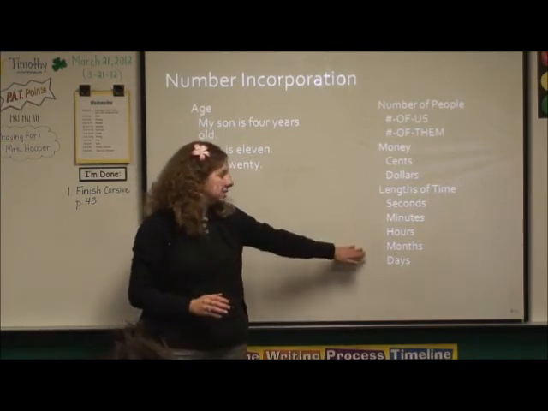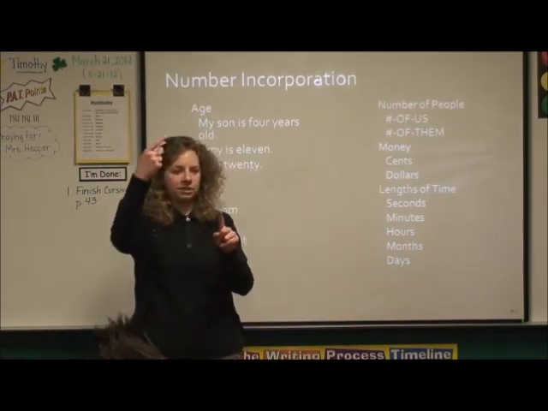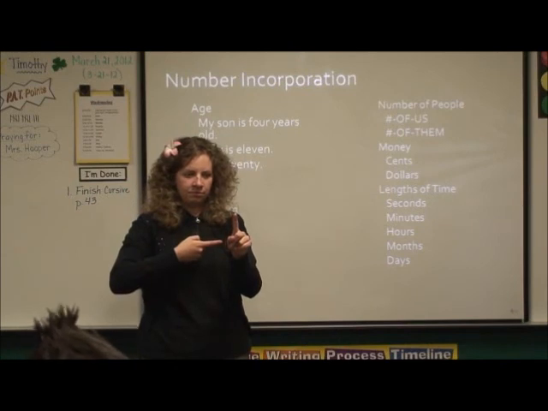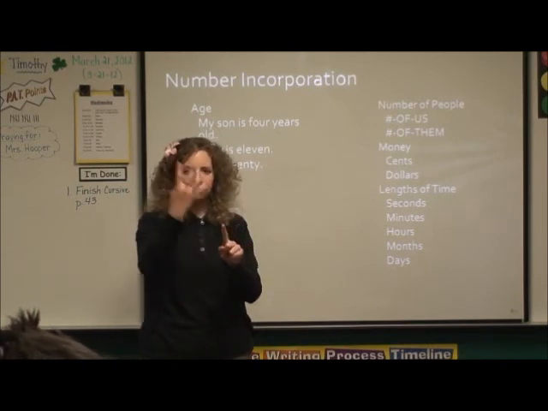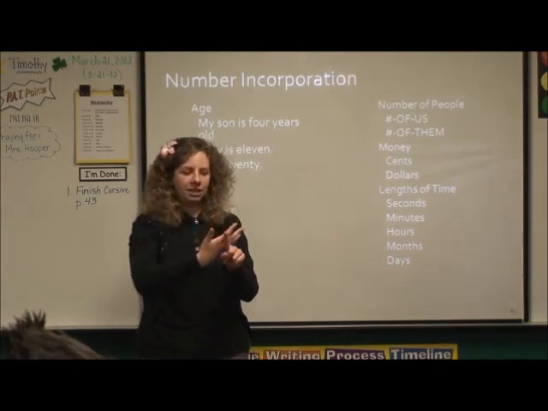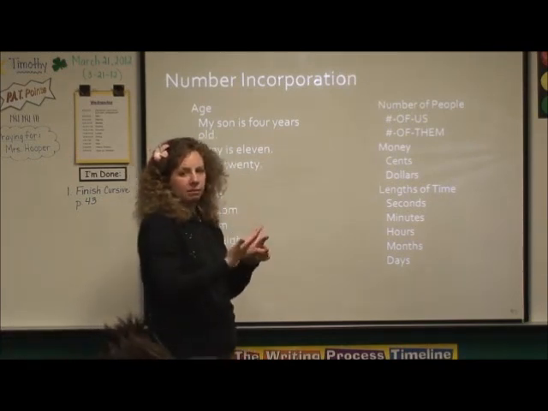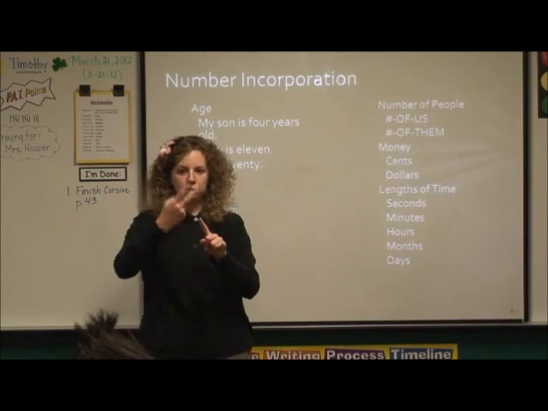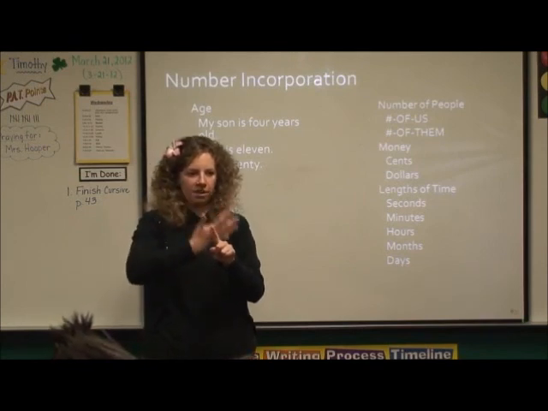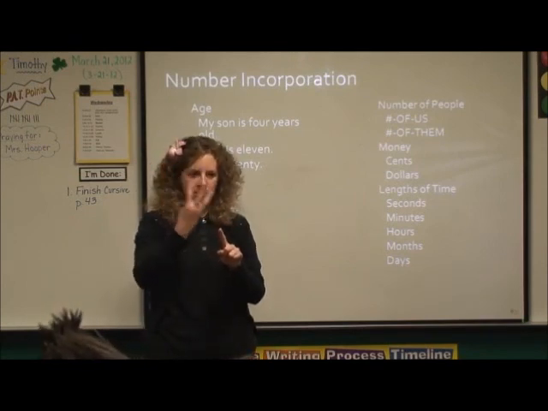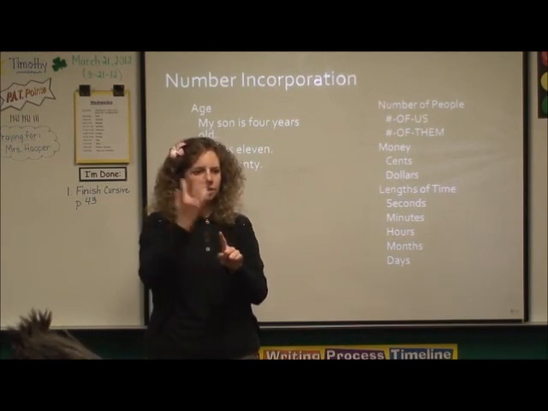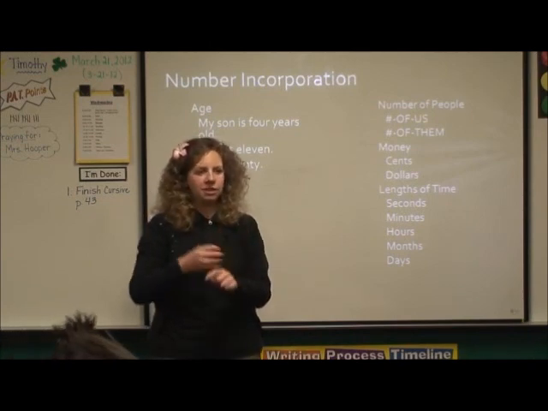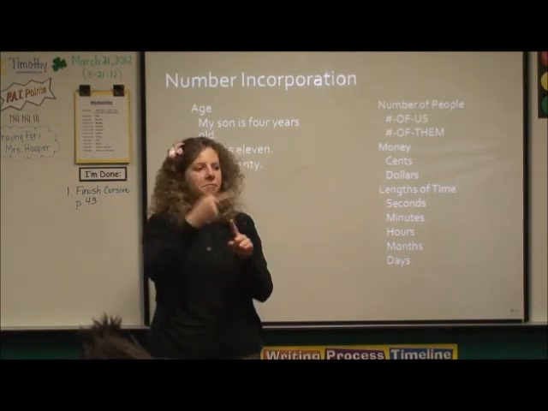Then for months, this is the sign for months, and you can go to 2 months, 3 months, 4 months, 5 months, and in 1 through 5, my palm is facing me. So 1, 2, 3, 4, 5, and then the same with 6 months. 6, 7, 8, and 9. So you can go up to 9 months, and you would change to 10 months.